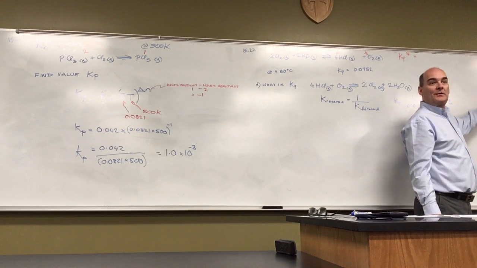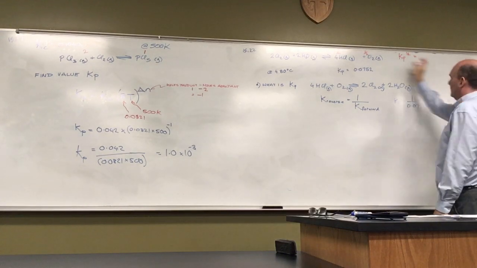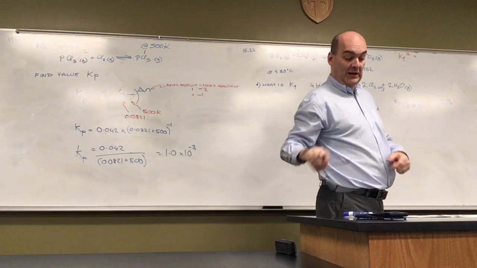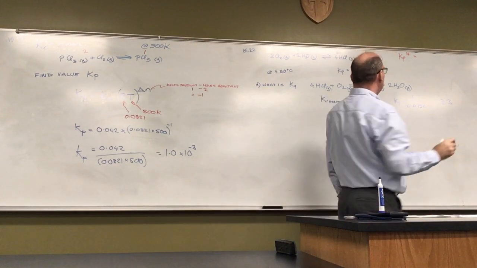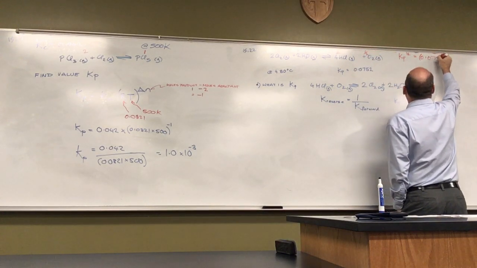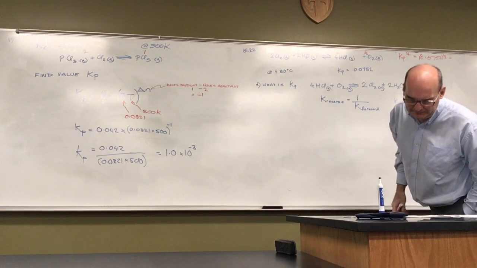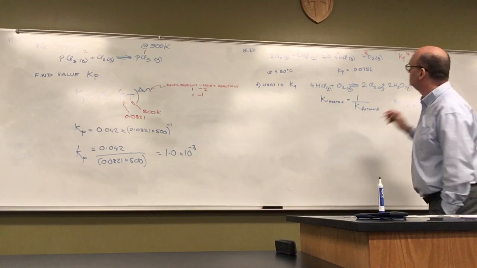Raising a number to the power of a half is the square root. So you just take the root of that number. I'll write it down so that you can keep track, but I really don't like this. So that would be 0.0752 to the half, which turns out to be 0.274.